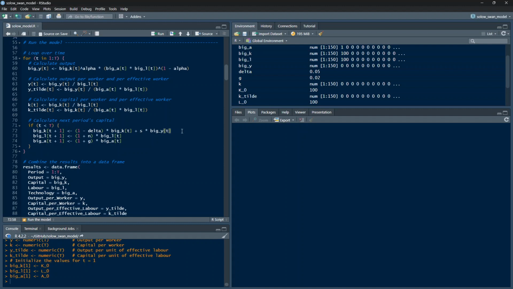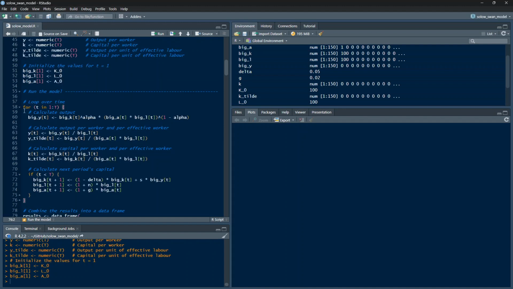So again, this is just the formula which we looked at before for the change in capital stock over time. Similarly, we have the growth of the labor stock over time, times 1 plus n, and the growth of the technology level, 1 plus g.